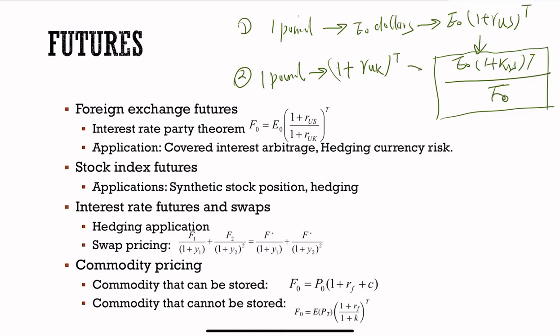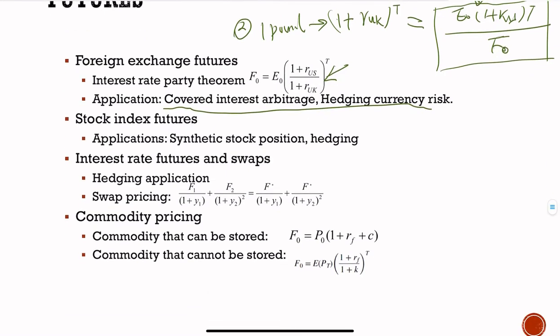So they should be the same, right? That's how you get this interest rate parity theorem. And then in terms of application, it's the covered interest arbitrage and hedging currency risk using the interest rate parity theorem. So again, please look at the lecture note problems.